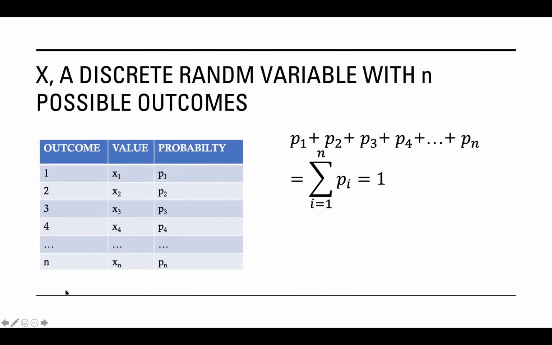So there are n possible things x could be, and those things are called x1, x2, x3, x4, and xn. And we imagine there is a discrete probability, which I'll call P1, which is the probability that our random variable x takes on value x1.